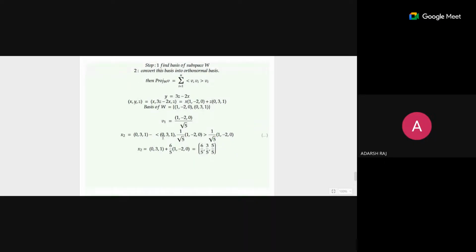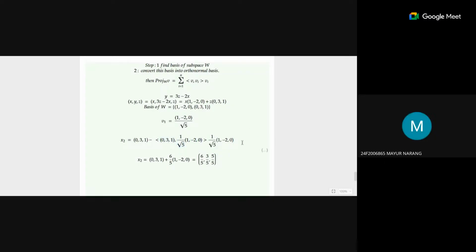So this is the formula for the Gram-Schmidt process, right? I just take out this constant. So what will be the dot product? 1 upon root 5 is taken outside, and that will become 1 upon 5.